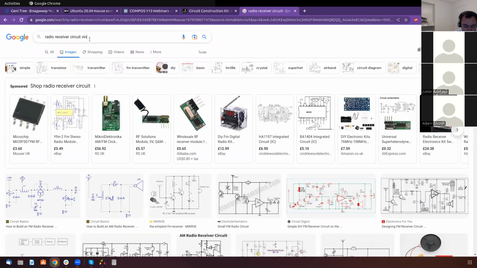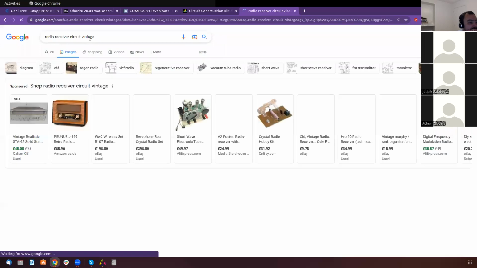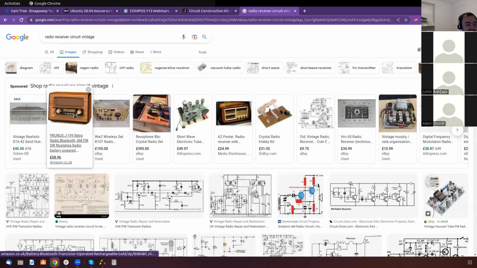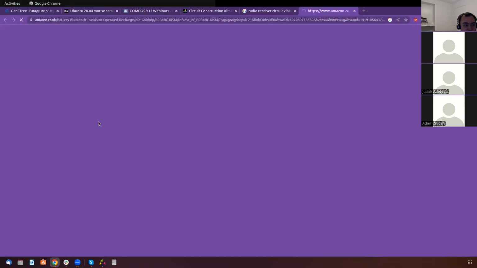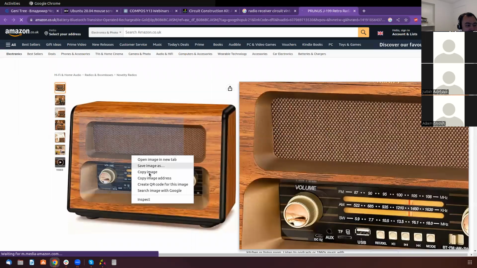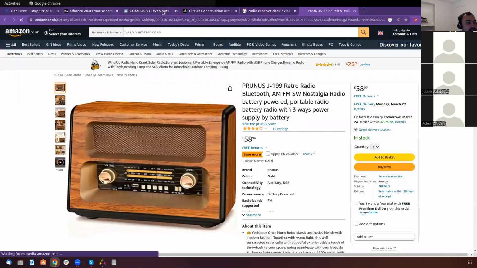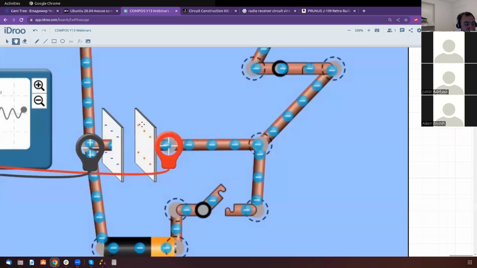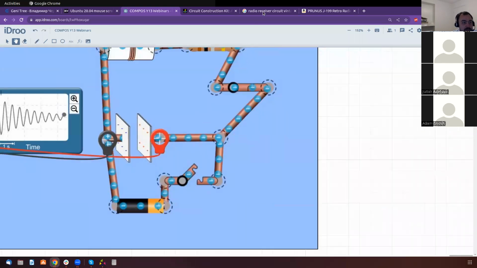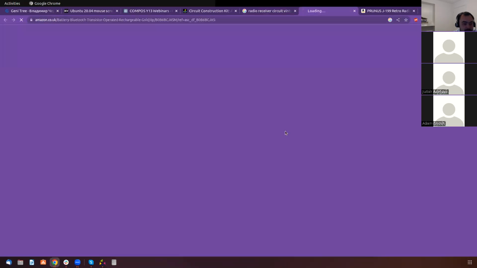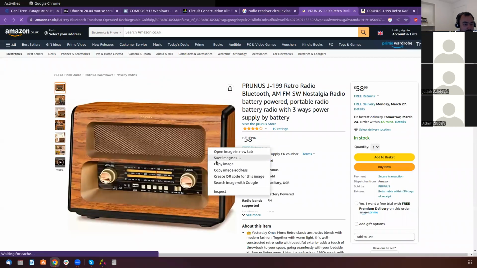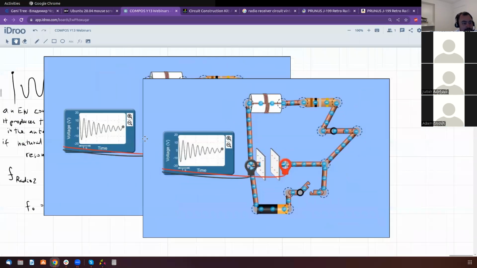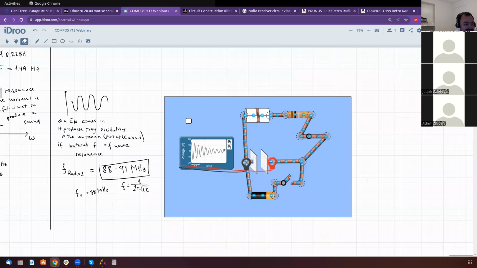Vintage. So you've probably seen these things. Copy image. Oh, it's the wrong image.